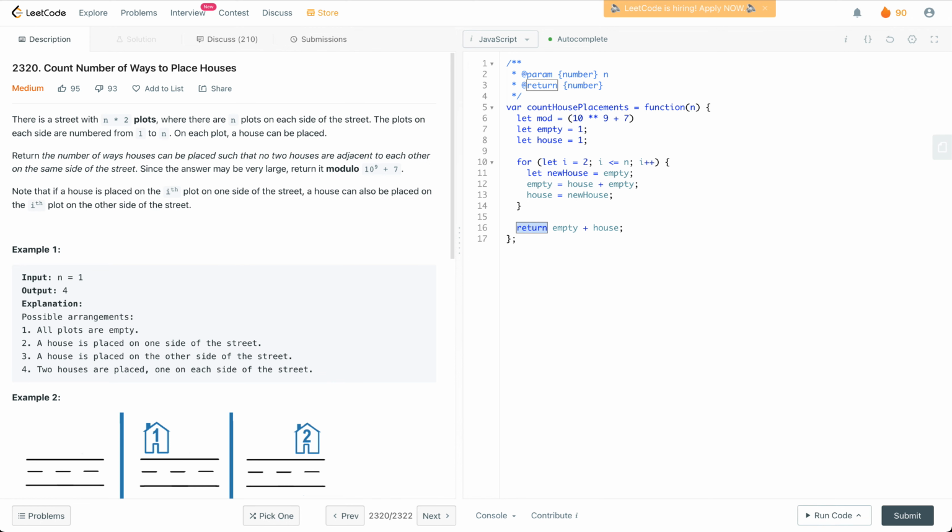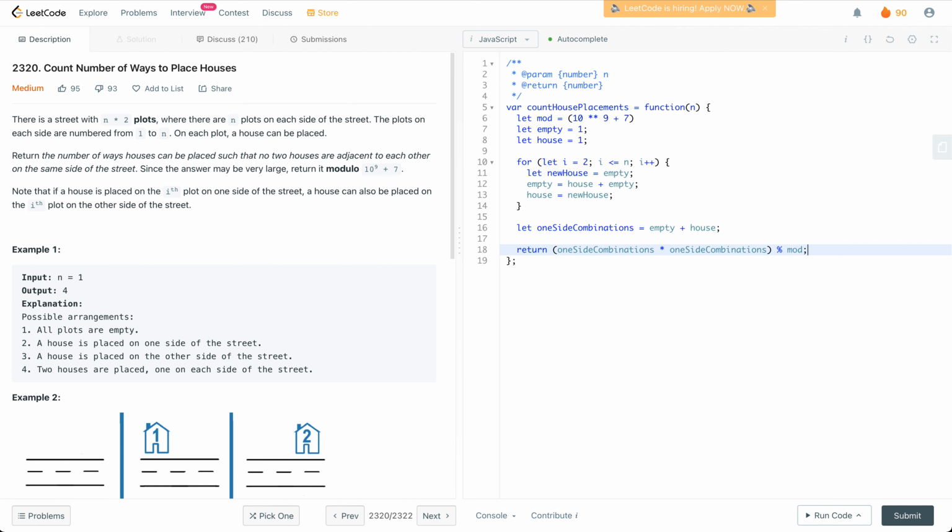So I'll call it one side combinations, which is going to be empty plus house. And if this is the case, then our final return value is going to be one side combinations multiplied by one side combinations. And this needs to be modded. Let's do that. Mod it with mod.